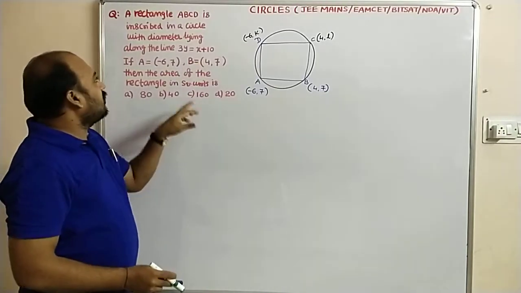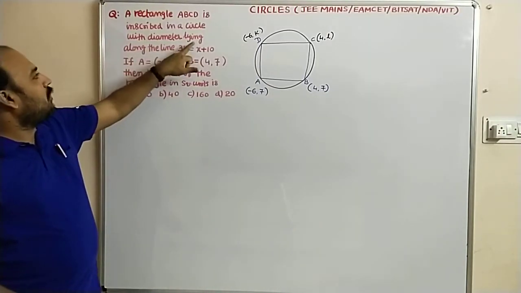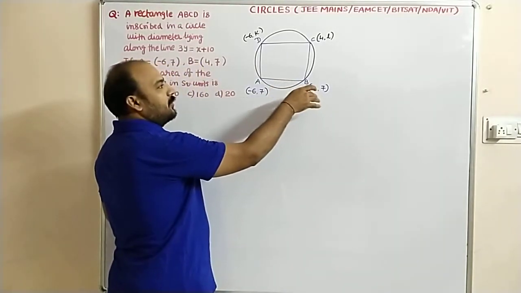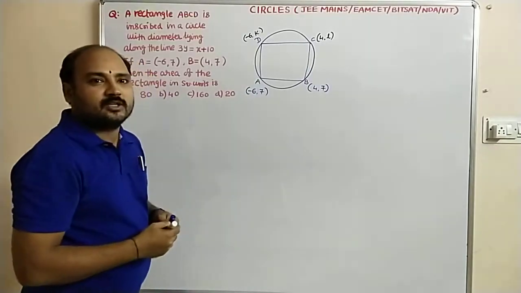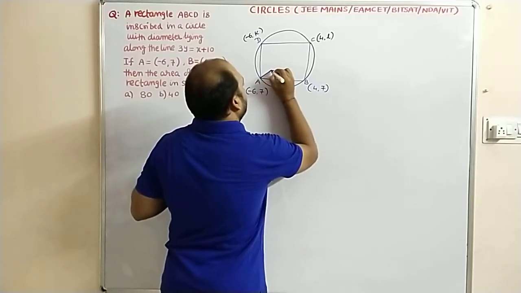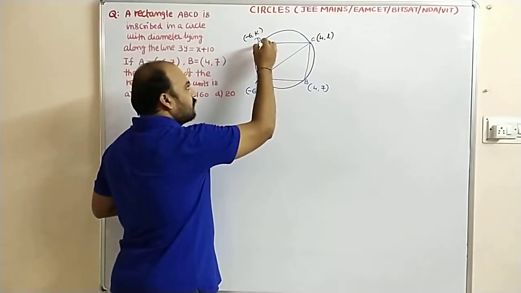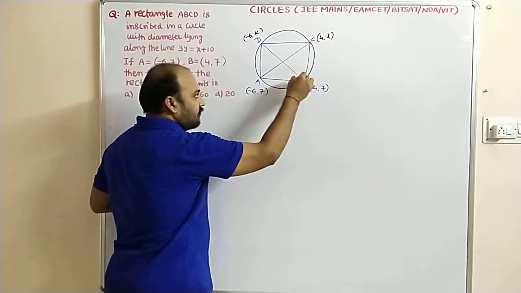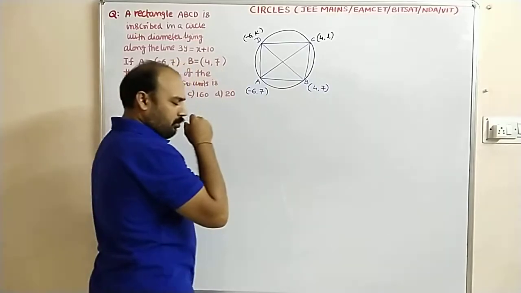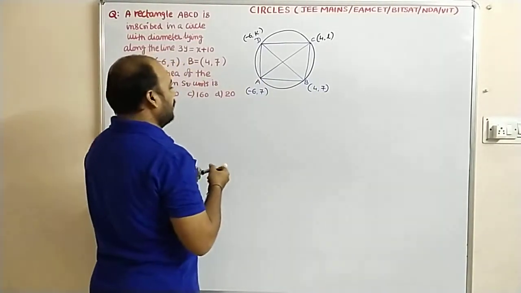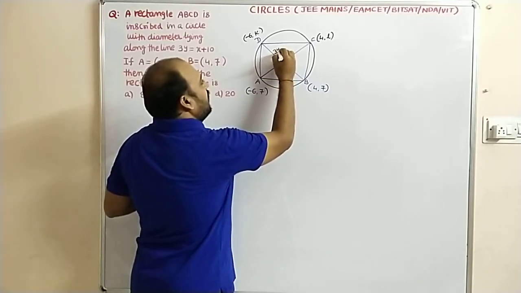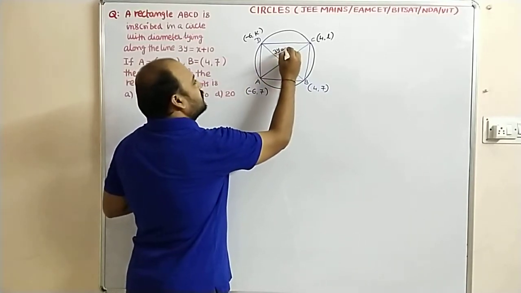So now we have all vertices, two given and two from the information. After that, one more thing is given: with diameter along the line. Diameter means if we join either BD or AC, both are diagonals only. So join the diagonals. The diagonal equation is 3y = x + 10.